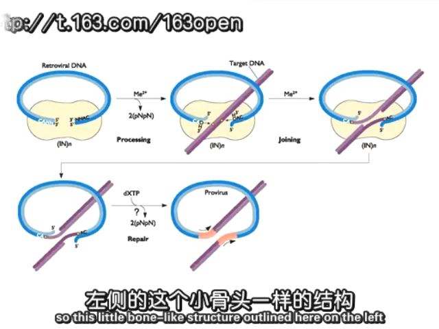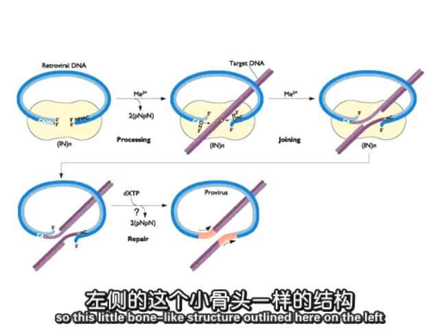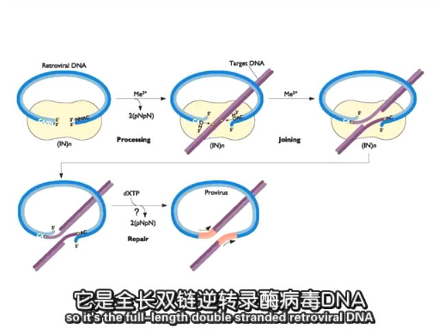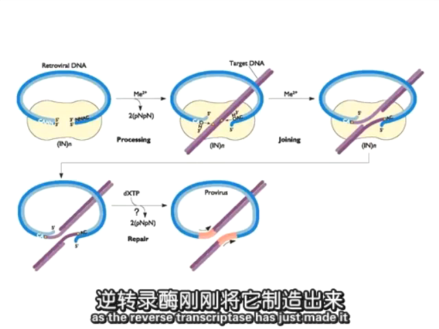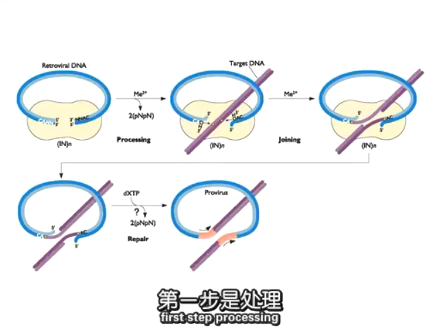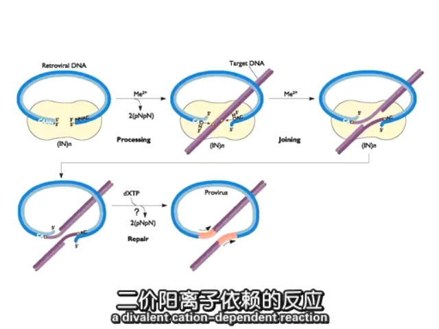So this little bone-like structure outlined here on the left is the integrase protein, and here's retroviral DNA. So it's the full-length, double-stranded retroviral DNA as the reverse transcriptase has just made it. See, everything's intact. First step, processing. A divalent cation-dependent reaction.